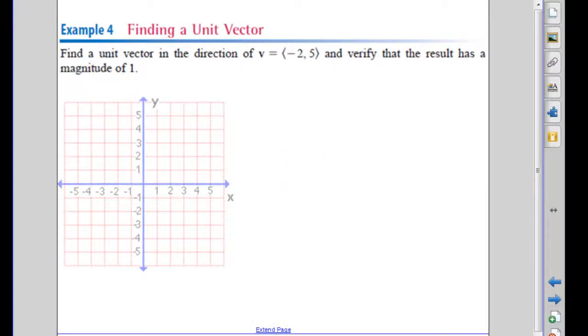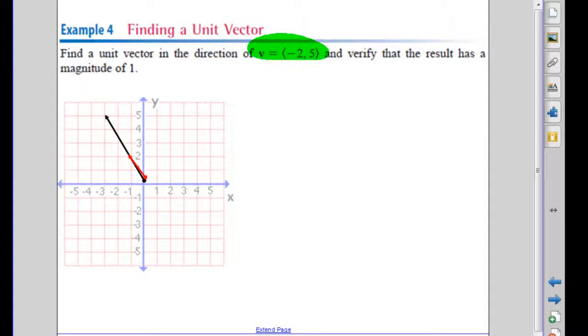So let's look at an example together. We're given that vector v in component form is -2, 5. Let's get that sketched in here first. Starting at the origin, -2, +5. Our goal is to get a unit vector that has magnitude 1, that has the same direction, also starting at the origin. So it's going to be shorter. So we need to compress vector v.